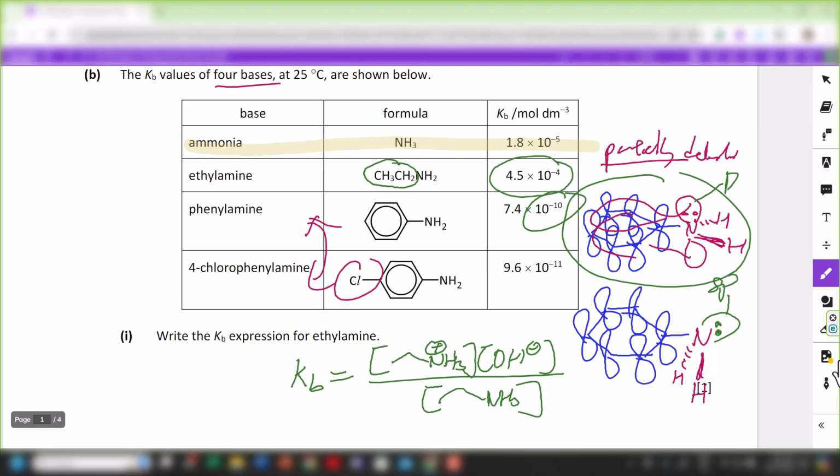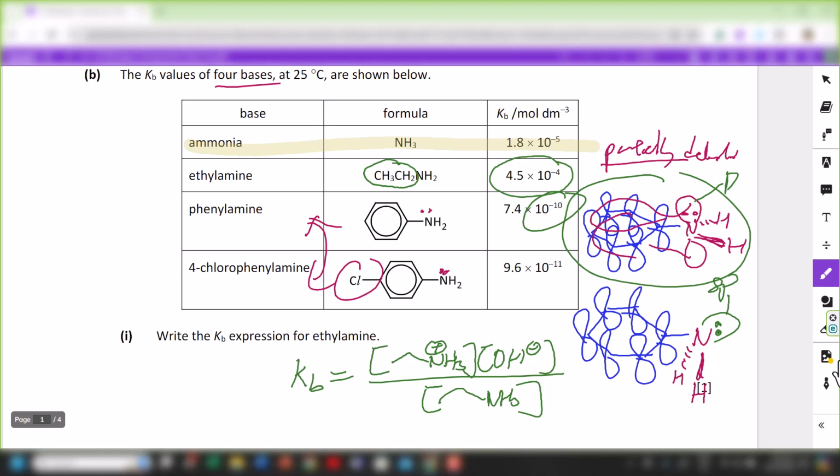Because it is inductively withdrawing, its withdrawing nature through the sigma bonding framework will further cause the electron density at the lone pair of electrons on nitrogen to be reduced. Because of that, the electron density of the lone pair on nitrogen for 4-chlorophenolamine is less than that in phenolamine, and its extent of ionization will be lower than that of phenolamine.